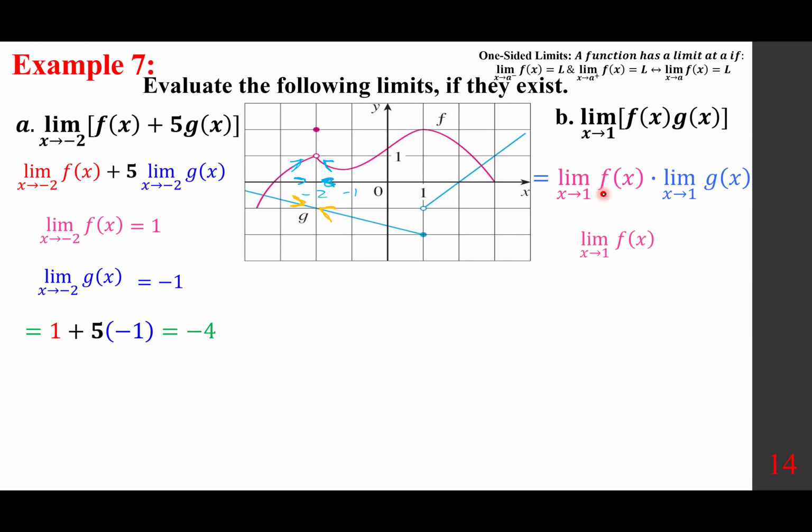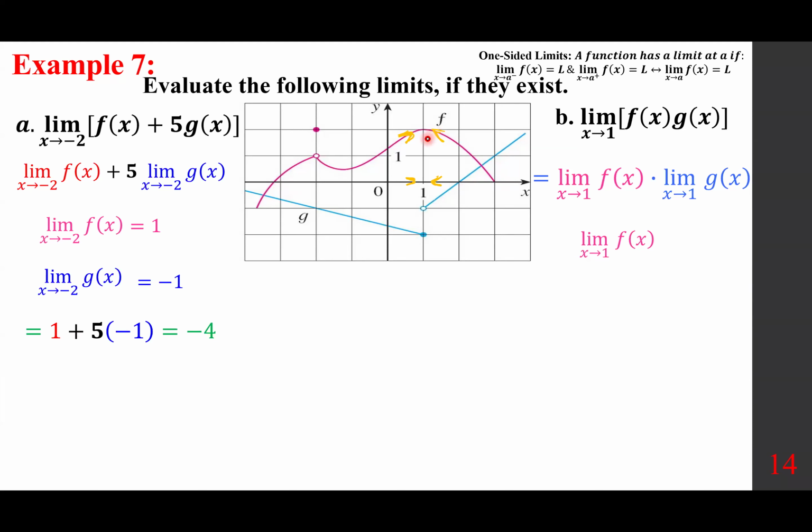So the limit of f of x as x approaches 1. Let's erase the rest of them, everybody. So approaching 1 from the left, from the right, both sides will give us this one.